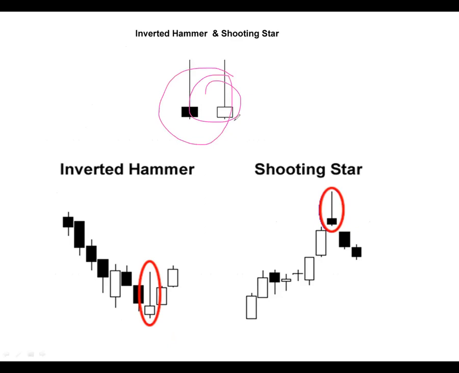So now, look at what they also mean. Here, this is a downtrend. And then you have an inverted hammer. The same interpretation. It means that, yes, it was for the sellers. And then the buyers came in. They took the price all the way up. The sellers said, hey, what is this buyers trying to do?